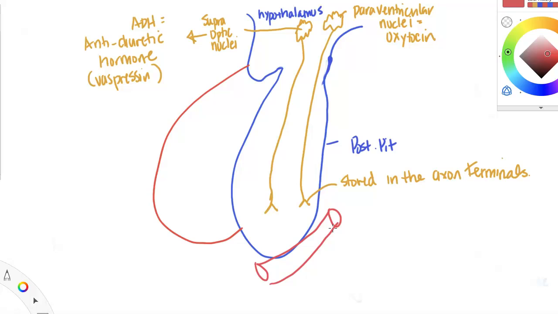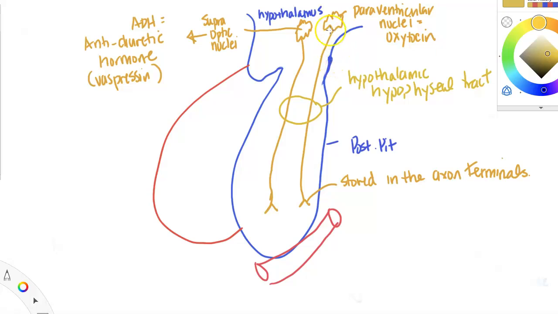All right. So again, this area here is called the hypothalamic hypophyseal tract, which we just talked about.